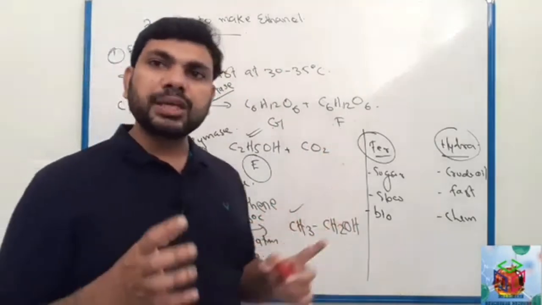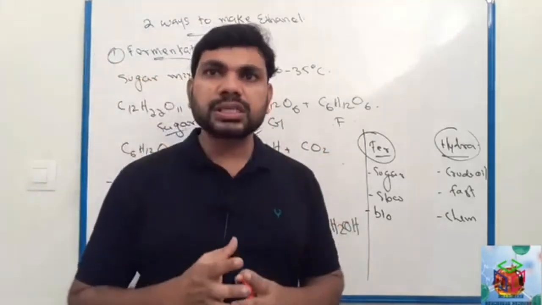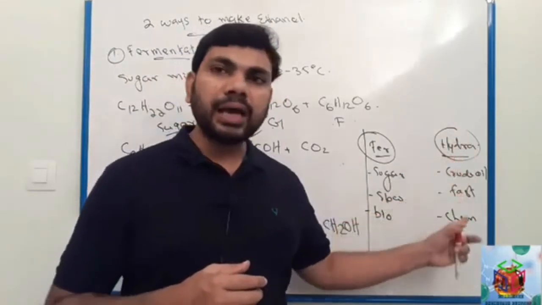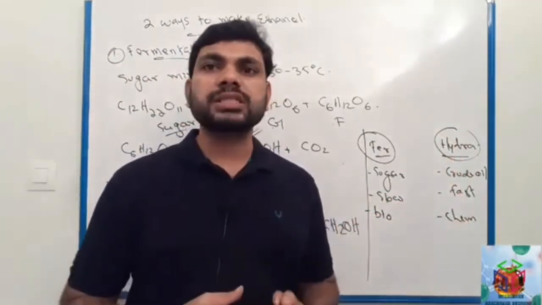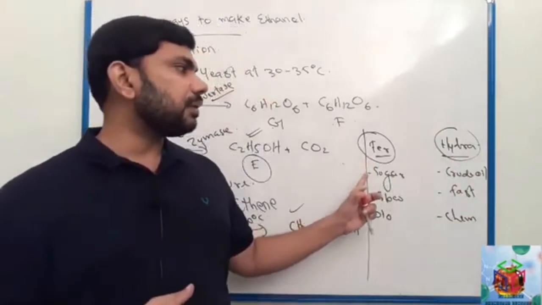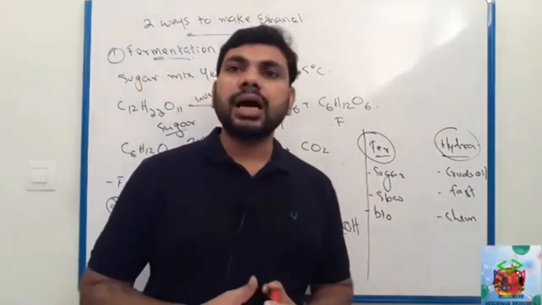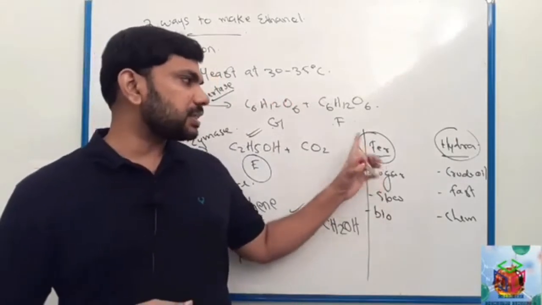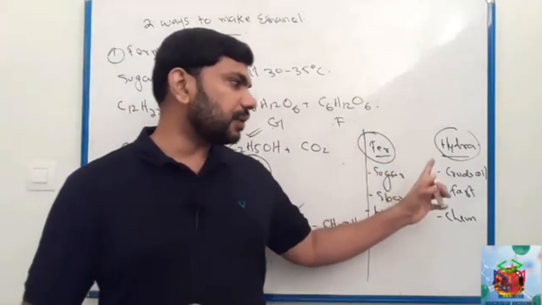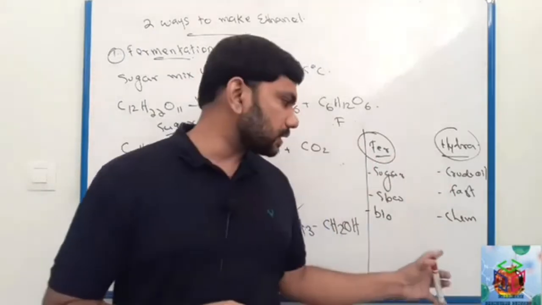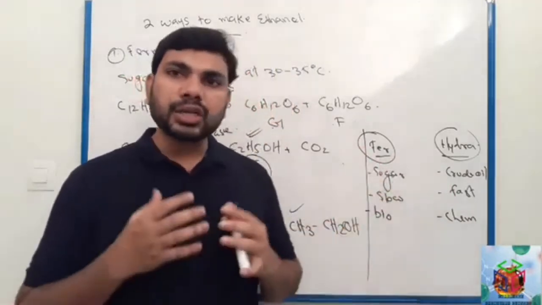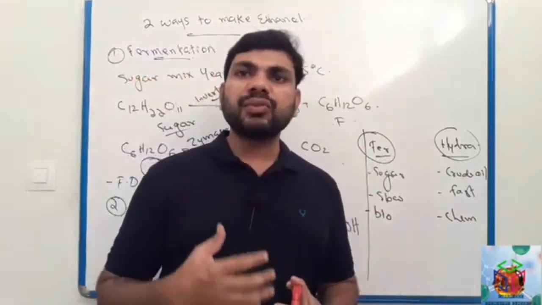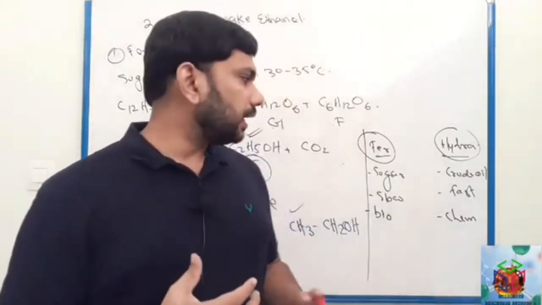This process, fermentation, is a slow process, but hydration of alkene is a fast process. This is the major difference between fermentation and hydration of alkene. Fermentation is a biological process, hydration of alkene is a chemical method.